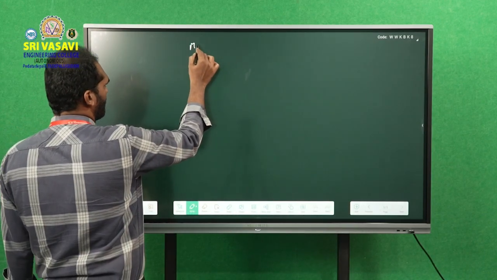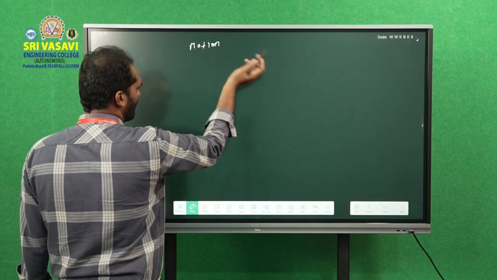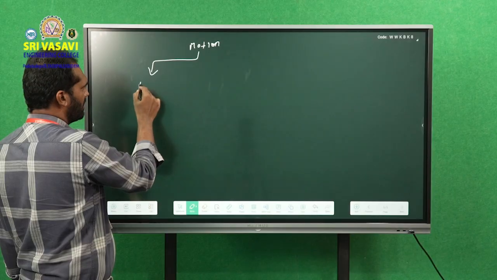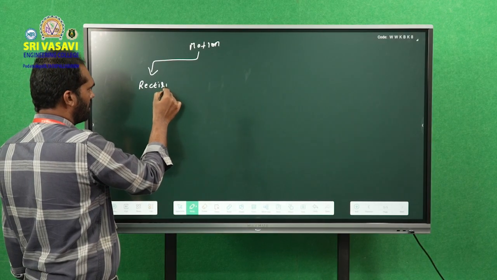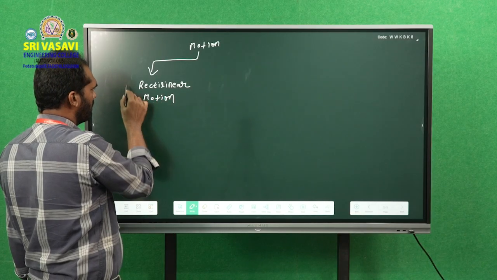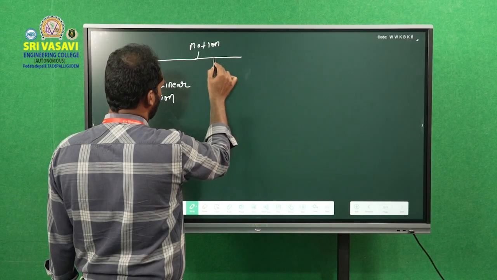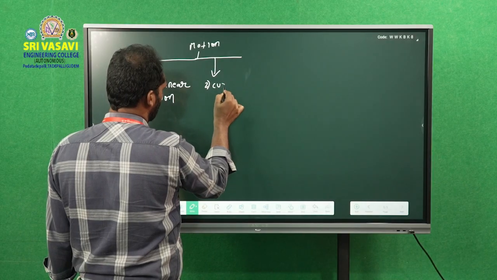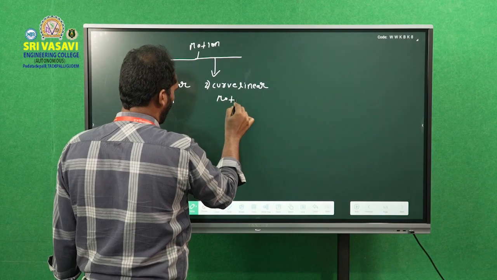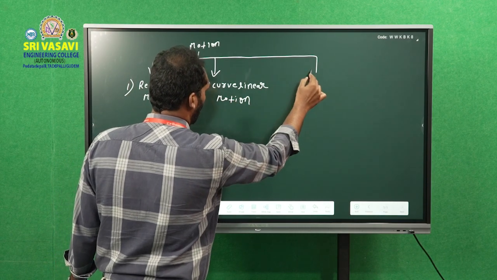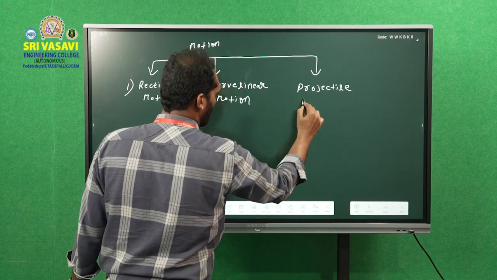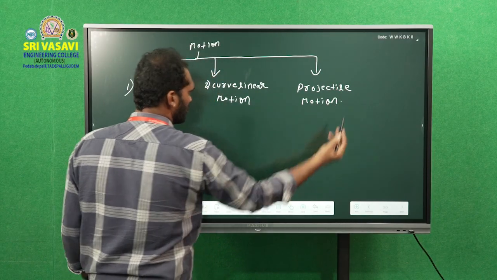Motion can be broadly classified in kinematics. The first one is rectilinear motion, the second one is curvilinear motion, and the third one is projectile motion.